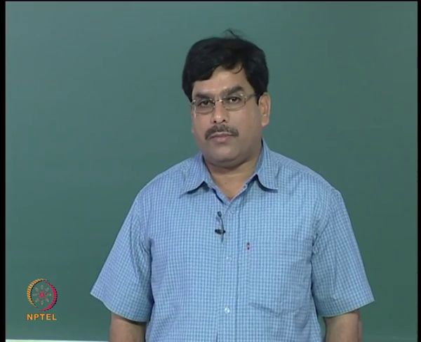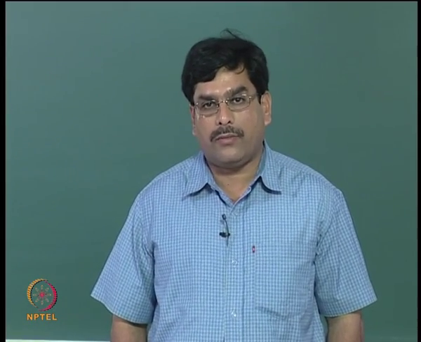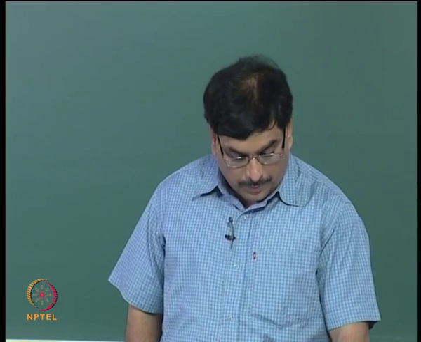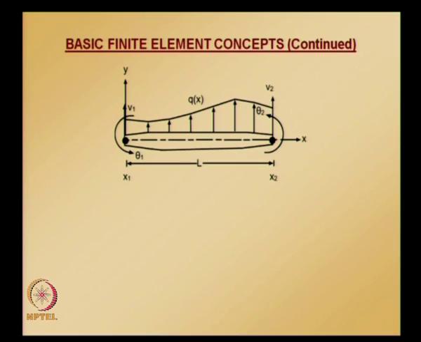Okay, in the last class we derived the governing differential equation for the beam bending problem, and we also derived the finite element shape functions and got the finite element equations for a beam element subjected to distributed load like this, having two nodes at x1 and x2 and 2 degrees of freedom at each node: v1, theta 1 at x1, and v2, theta 2 at x2.